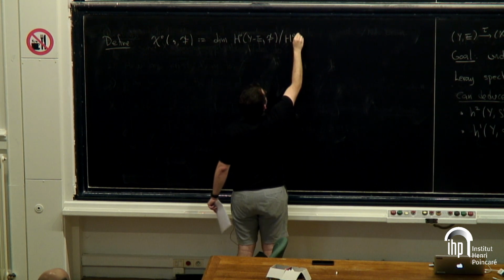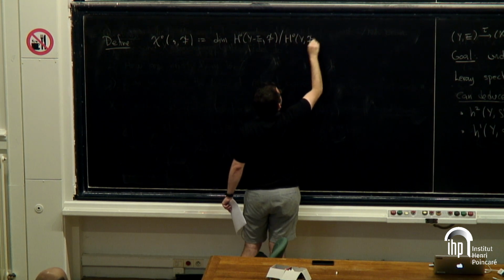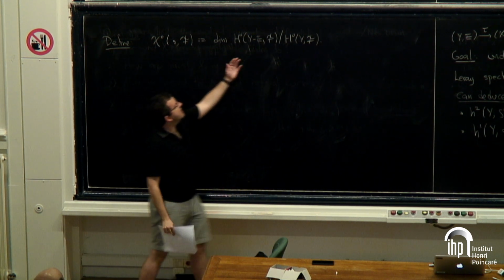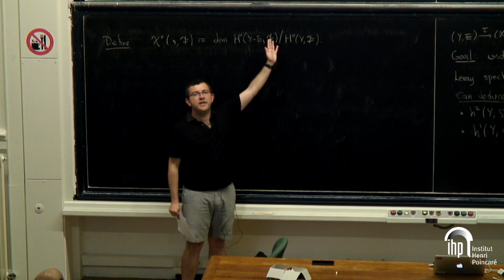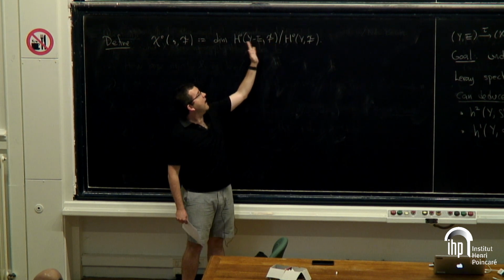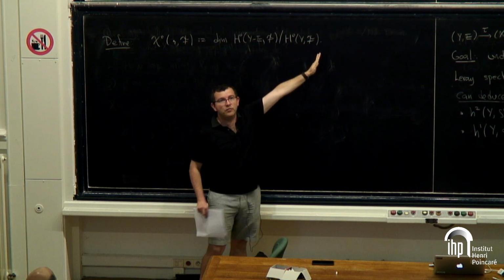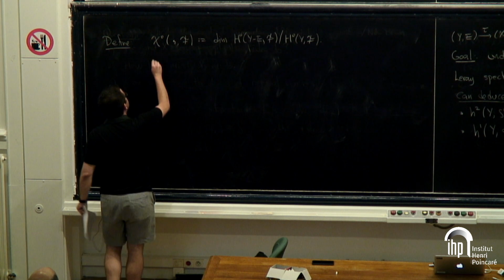So the codimension, in fact. So really here what we're trying to measure is how many global sections of F on y minus E don't extend to all of y.